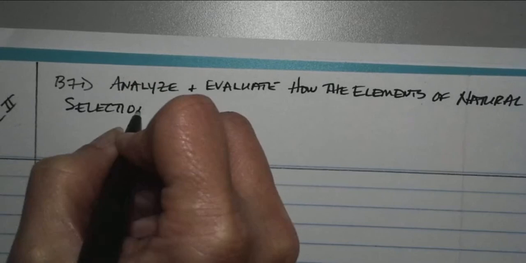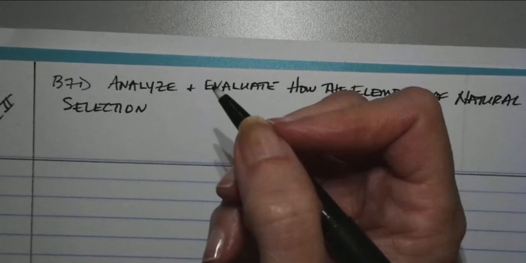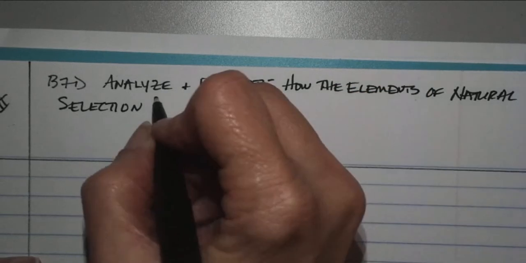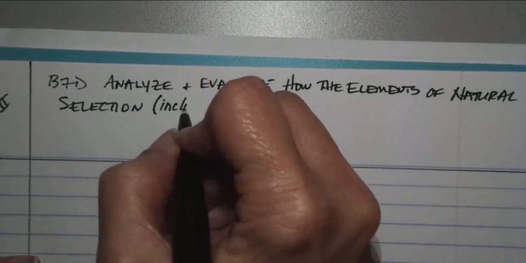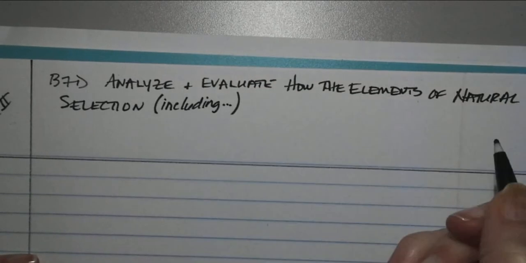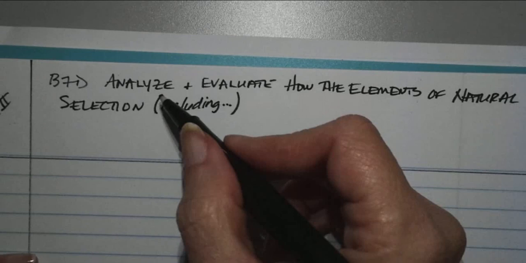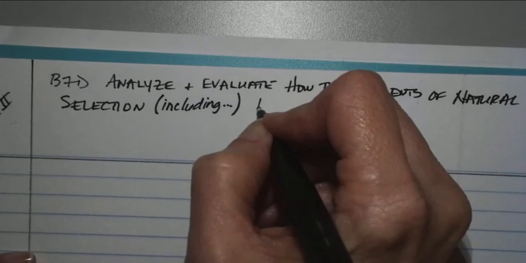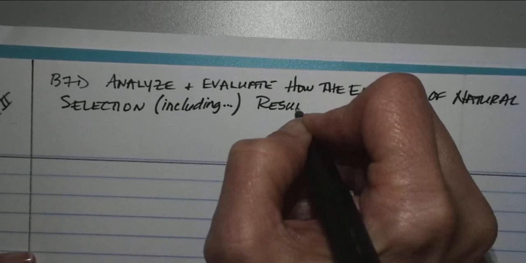I don't usually, but I'm going to because I want you to really focus on what it's telling you to do. I'm going to put in parentheses including, and it lists 4 parts of this, but I don't want to list that right here. I want you to realize that you need to analyze and evaluate how the elements of natural selection result in differential reproductive success.